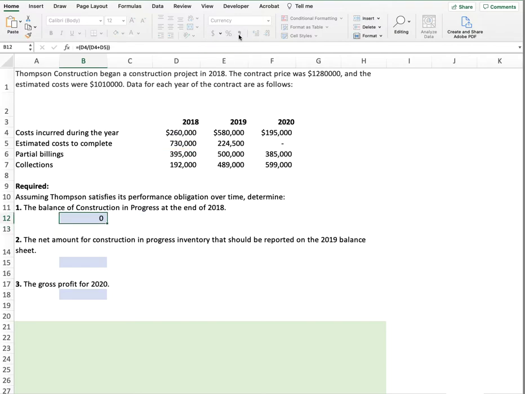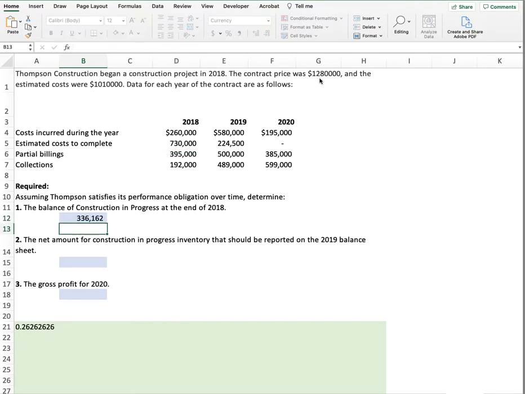Oh, it's not going to let me edit the formatting. Let me move that down here. Okay, and so that gives us 26.26%, and I just wanted you to see that so that it'll make sense that we're then going to multiply that by the contract price of the $1,280,000.